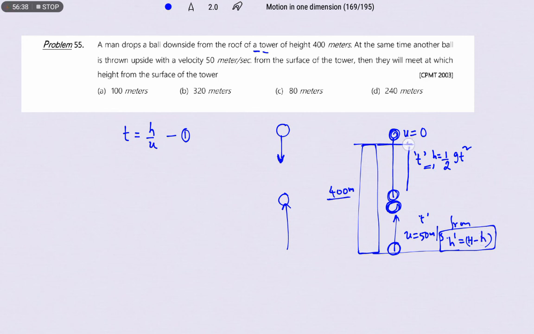If they are asking from the surface of the tower, we take the condition of a freely falling body, so h is equal to half g t square. If they are asking from the ground, we need to find h dash equal to capital H minus small h.